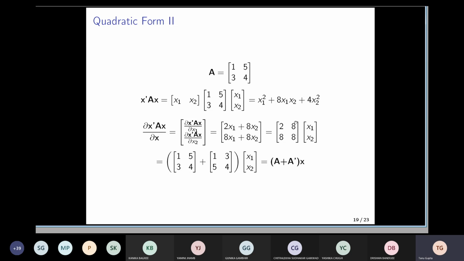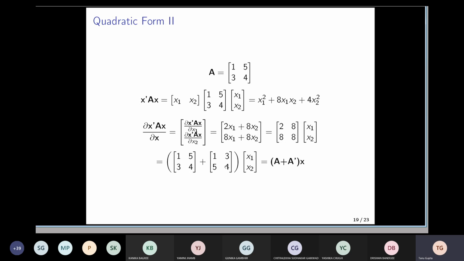Now see this matrix. What is this matrix? We can break this matrix into this, and it is nothing but the sum of matrix A plus A transpose. So this is matrix A, [1, 5; 3, 4], and this is its transpose, [1, 3; 5, 4].